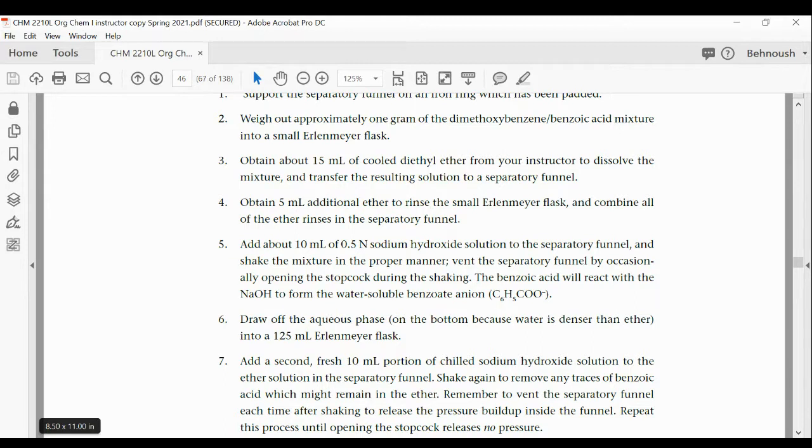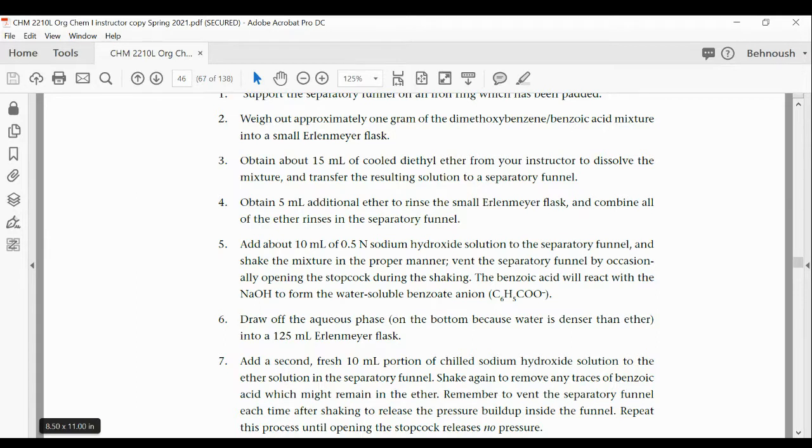You are rinsing for complete transfer, to get the remaining residue and transfer it into the separatory funnel. So just to make sure that we all know why we are using another 5 milliliters here.